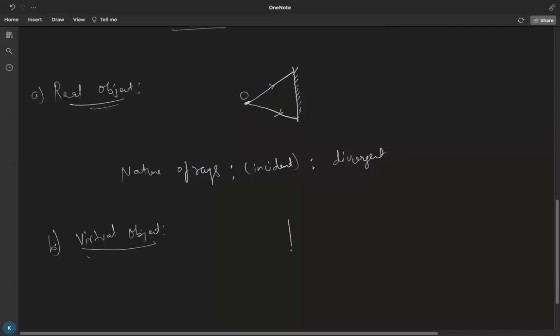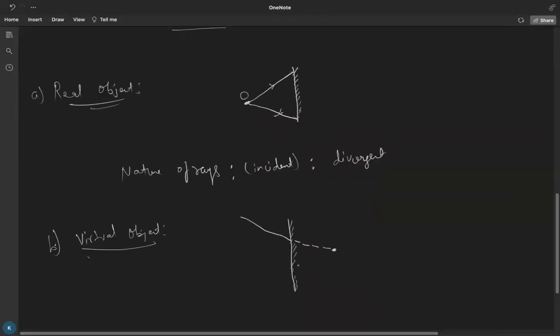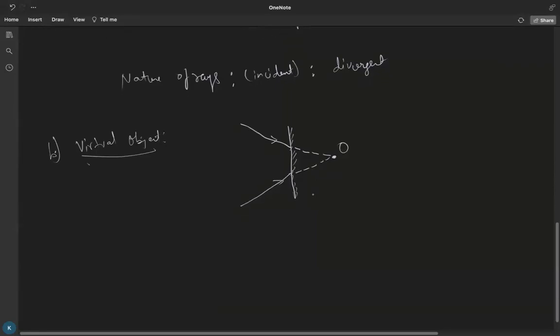If this is our plane mirror and the object is behind the plane mirror, this is our object because this is the point where the incident rays of light intersect.